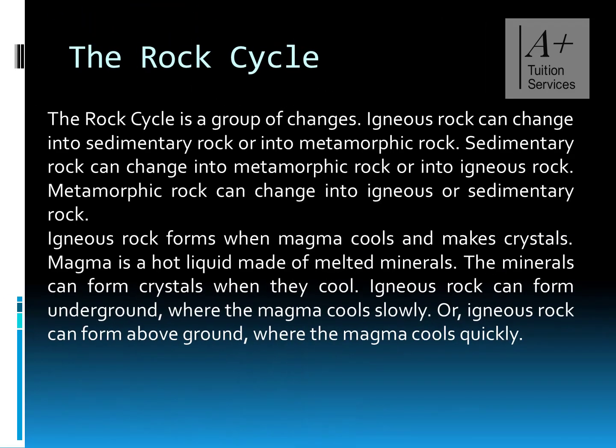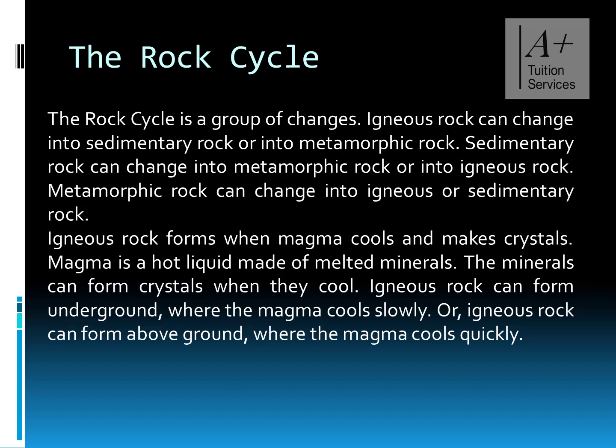Now we move on to the rock cycle. The rock cycle highlights the changes that occur among rocks. Igneous rocks can change into sedimentary rock or metamorphic rock. Sedimentary rocks can change into metamorphic rock or into igneous rock. Metamorphic rock can change into igneous or sedimentary rock.